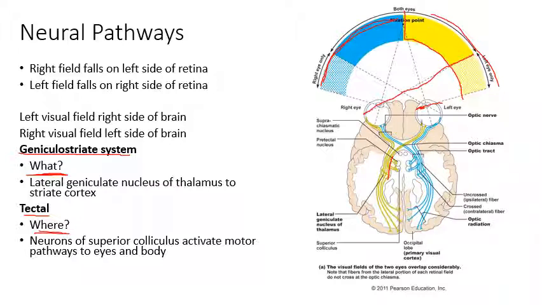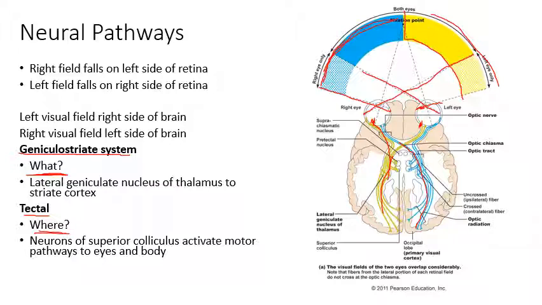So the medial from the left and the lateral from the right end up going to the right side of the brain. And then the opposite. From the right visual field, the light is going to hit the medial side of the right eye and the lateral side of the left eye, and you see both of that information from the right visual field head off towards the left side of the brain.